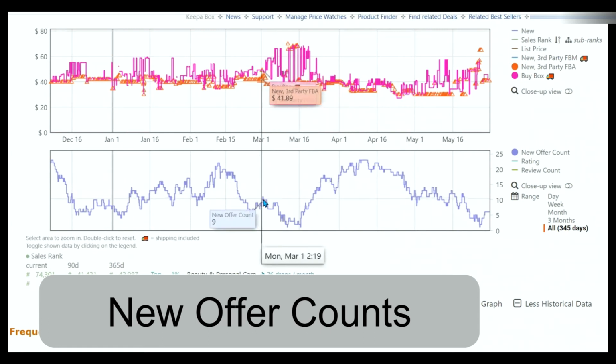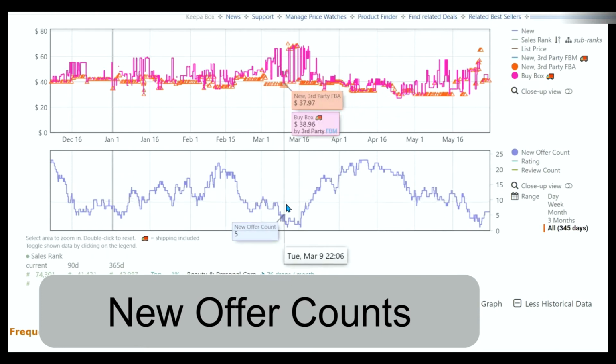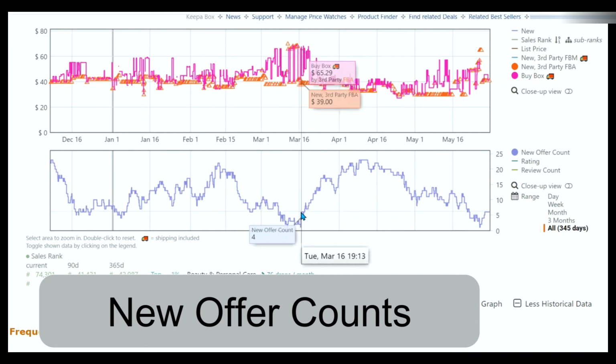And then as the sellers ran out, if you look at March 16th, there's only 2 offers now. 7 people ran out of their inventory. And in between that time, on March 11th, there's only 1 offer, the buy box was $48.